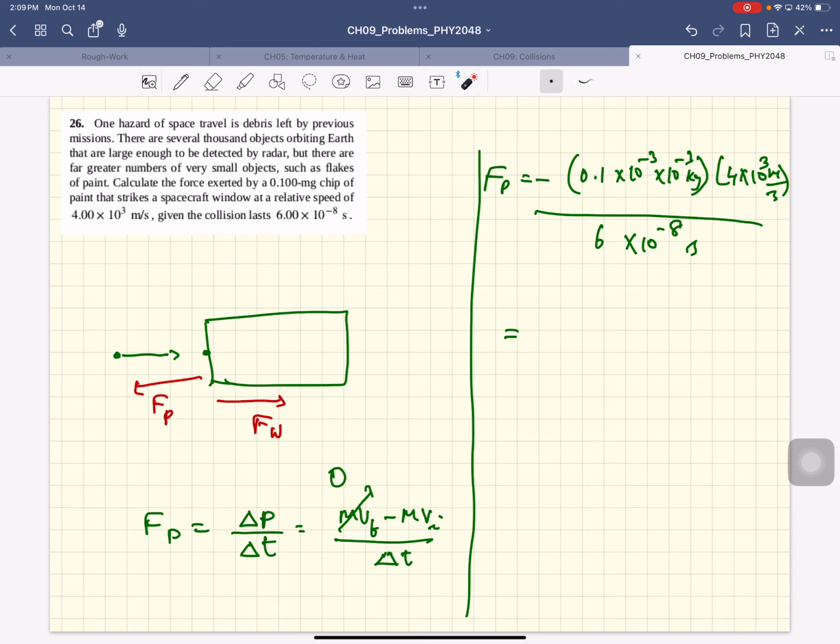All right, again, you want to take care of the powers of 10. That's 10 to the minus 6, and then that's 10 to the minus 3, 10 to the 5, and then there's a 1, so 10 to the minus 1, so that's 10 to the 4. 4/6 into 10 to the 4 newtons, 0.67.